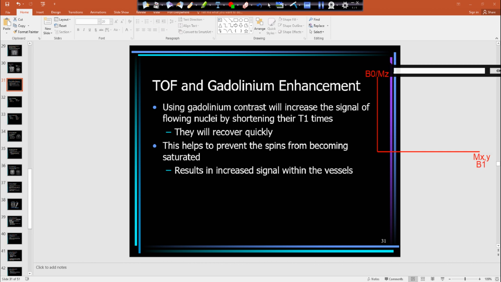Okay? So this is T1 relaxation. What are some other names of T1? Not T1 decay, T1 recovery, because our signal is going to be recovering on this axis.